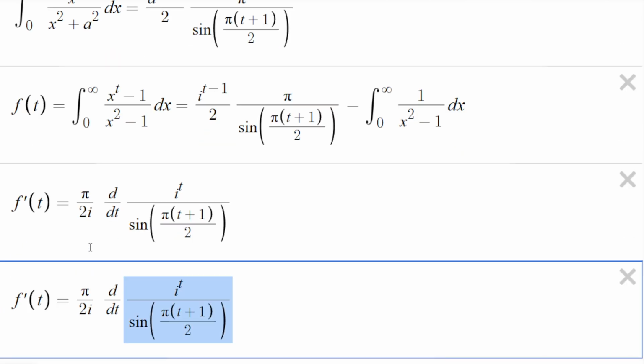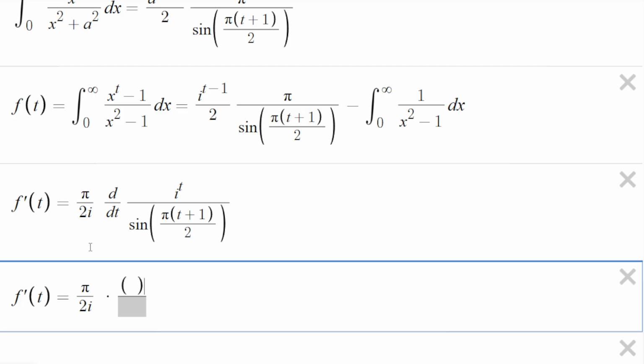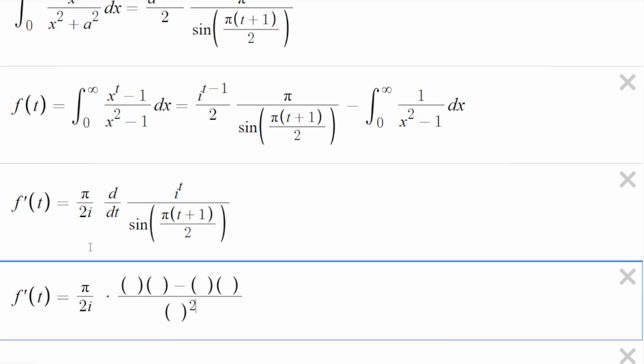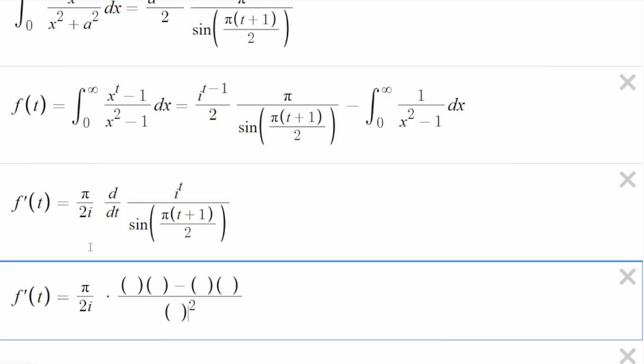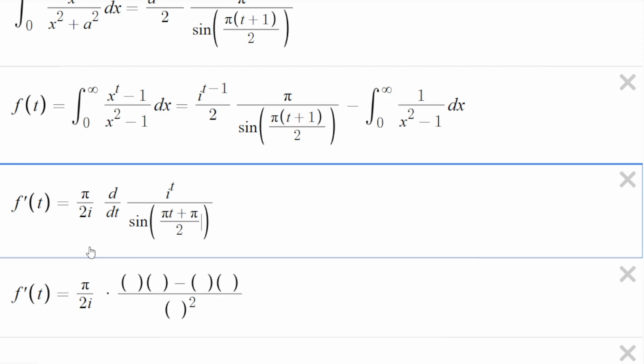So f prime of t is going to be equal to, now what we're going to get is a quotient rule. We're going to get low d high minus high d low over the low part squared. Okay, so we're going to get this squared. In fact, let's distribute this pi in here. So we're going to get pi t plus pi, and then let's split that into two separate fractions.